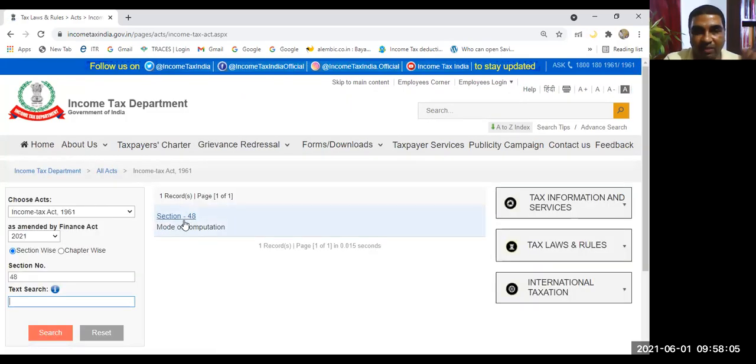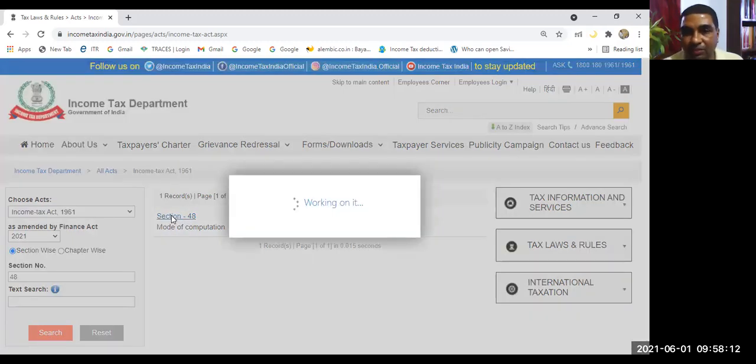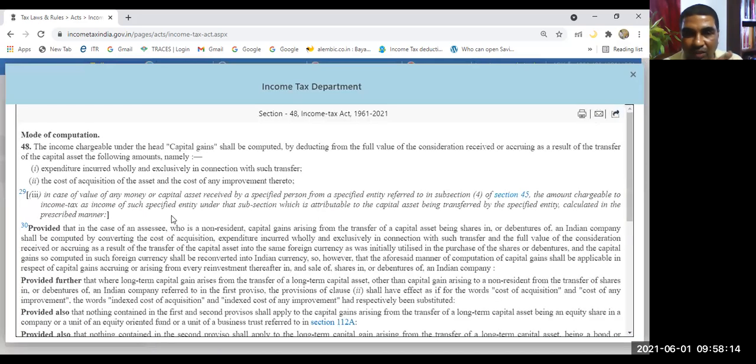Now you can see, as it is written here, the title of the section is mode of computation. Up to 47, we have already covered in our earlier sessions. 47 talks about transactions which are not regarded as transfer.